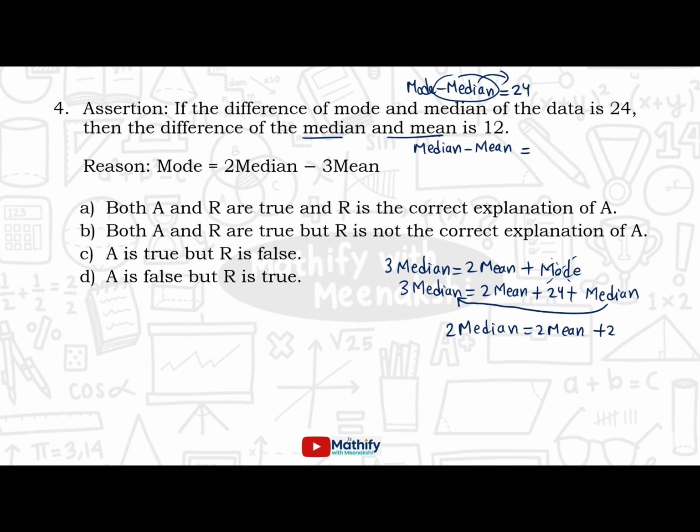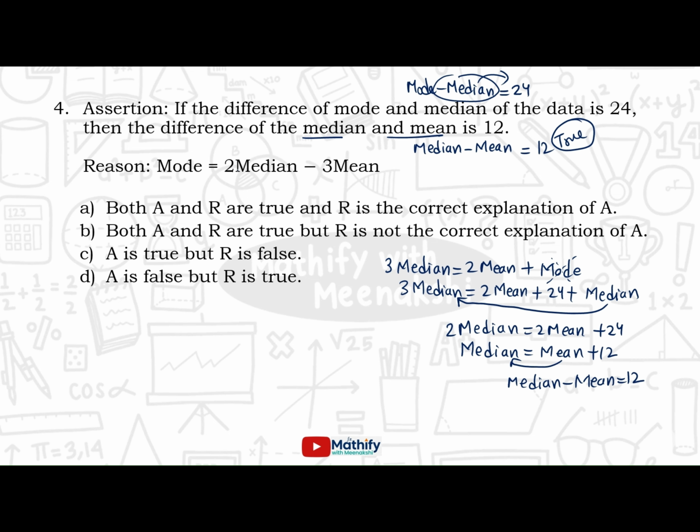If you divide the whole equation by 2, you will get median is equal to mean plus 12. That means median minus mean is 12. And in the assertion also it's written that the difference is 12. That means it's true. Now let's move to the reason.